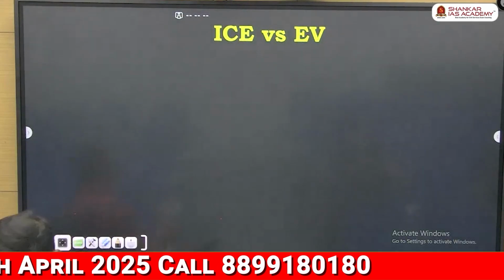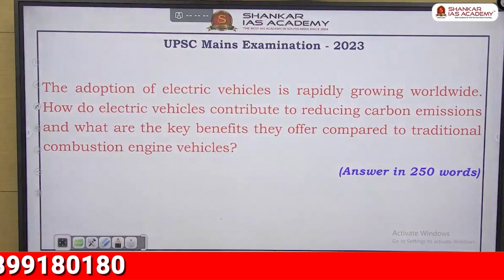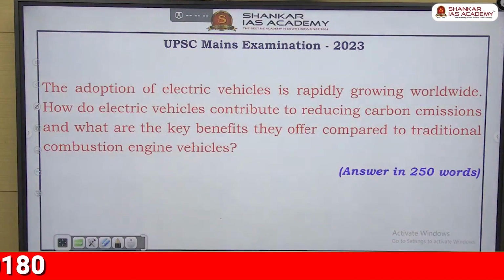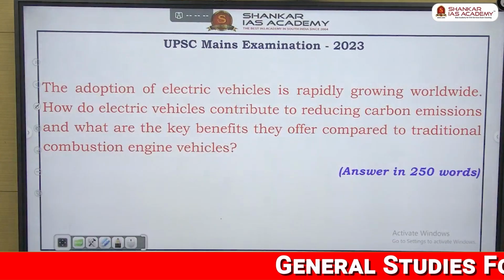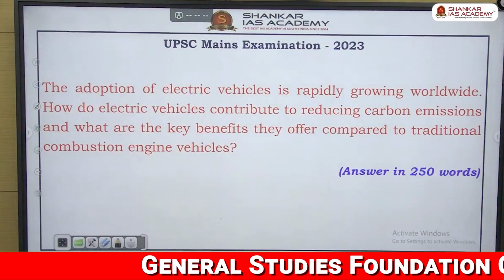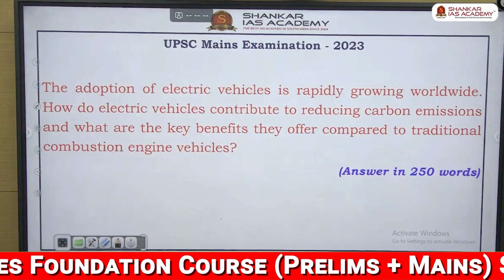Look at the mains question they asked in 2023. Consumption of electric vehicles is rapidly growing worldwide. How do electric vehicles contribute to reducing carbon emission, and what are the key benefits they offer compared to traditional internal combustion engine vehicles? 15-mark question. I've given you sufficient points already. You take down the question, try writing the answer later.